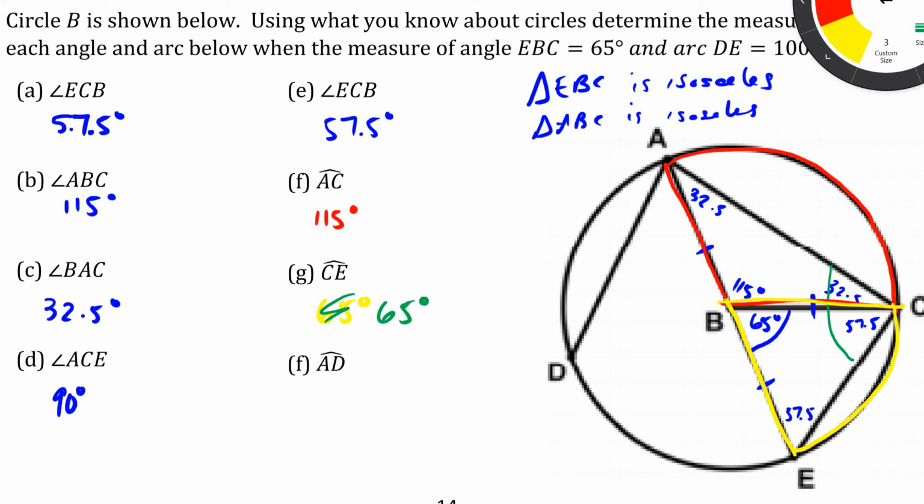And then arc AD. AD is coming from here to here. That's not necessarily coming from any angle, but I already know a little bit about this.